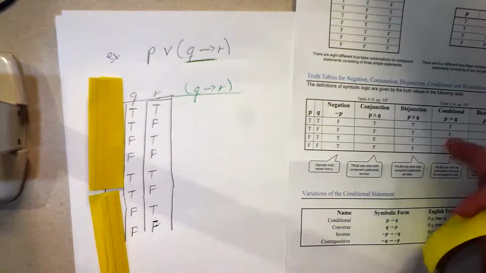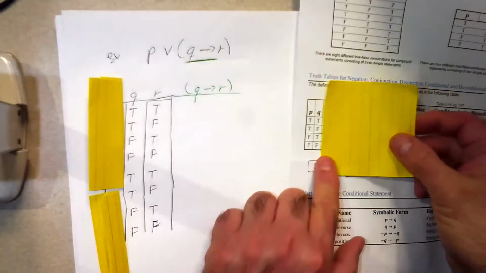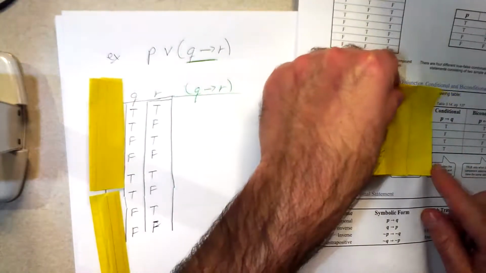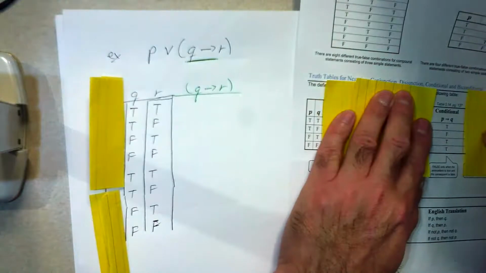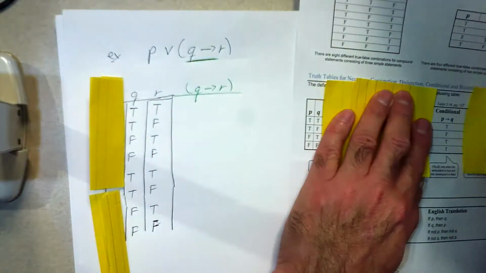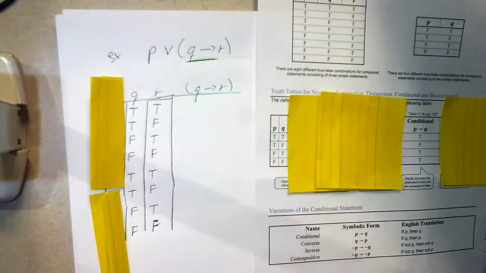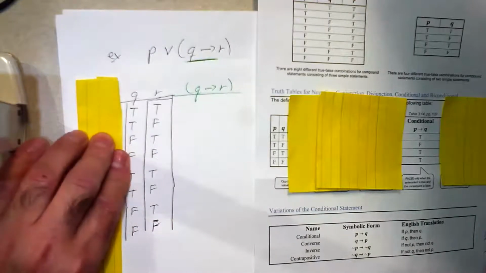Conditional. I only want that column shown. I only want the arrow. And I'm going to go row by row and find the results for each of them.